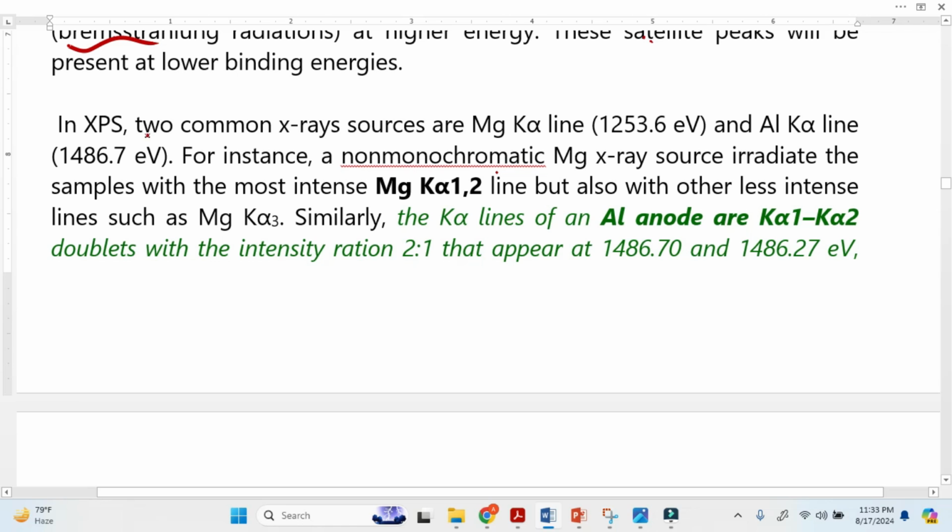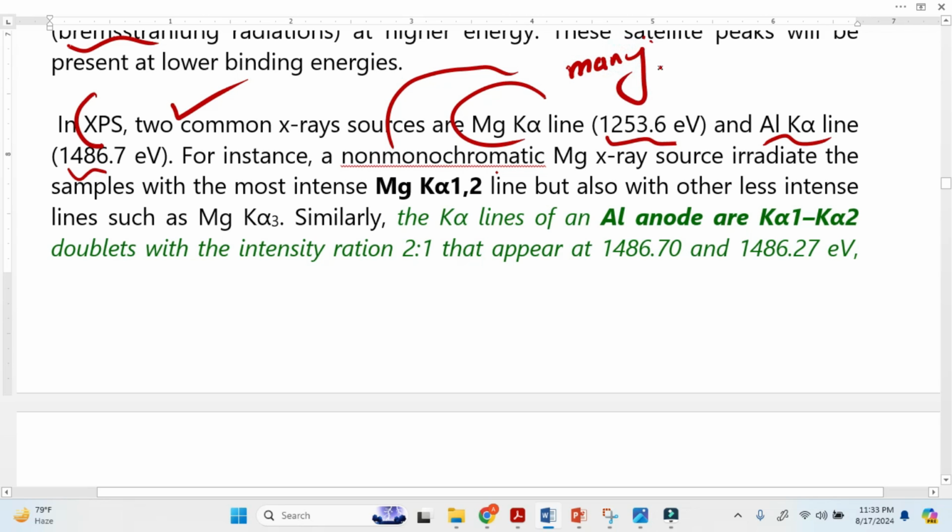Look here, as I explained, in XPS we use two common X-ray sources. One is magnesium, this is the energy range here, and one is aluminum, this is the energy range here. So we use non-monochromatic sources, meaning multiple energies.